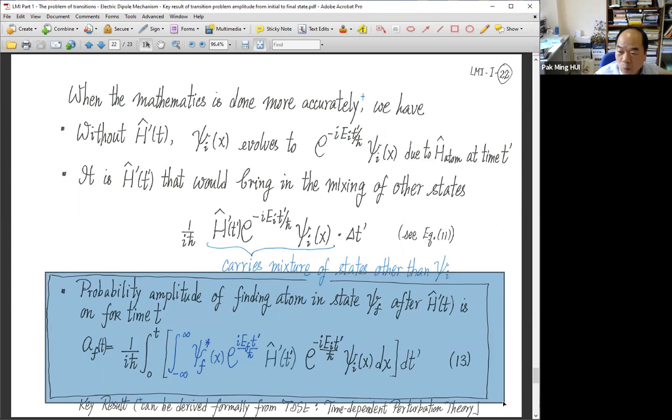Of course, words cannot do 100% justice to this formula. We need the derivation. I will do it for you in the appendix. But for the moment, for those who don't like derivation at all, fine. Grab this equation and then you will see wonderful things come out.